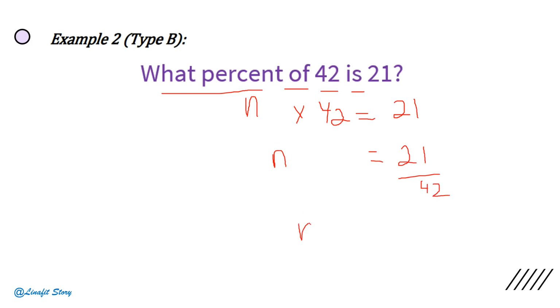So n equals 0.5. And the question is asking what percent. Remember, we have to move the decimal point 2 places to the right. 1, 2. So the answer is 50%. 21 is 50% of 42.